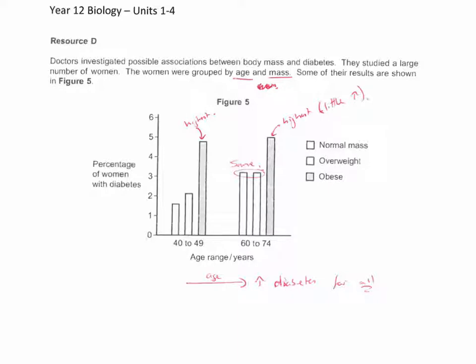Also you can see that in the younger people, the percentage that are diabetic is much higher with the obese group. In the older age group, normal and overweight have the same diabetic risk, but the highest is still obese.